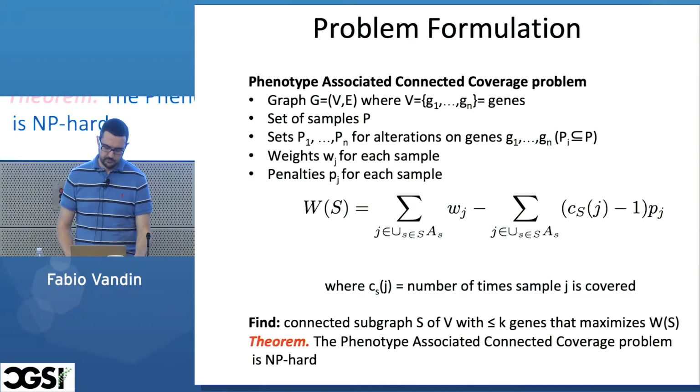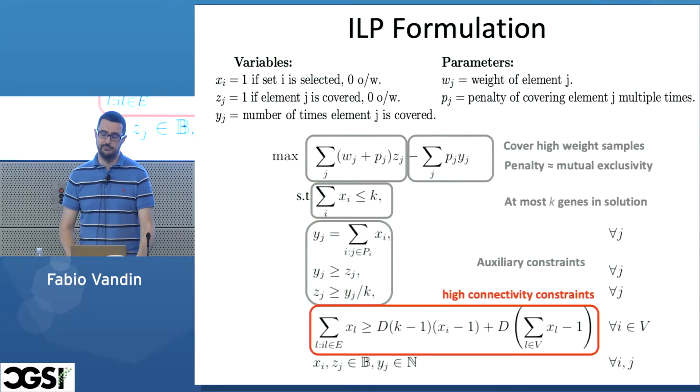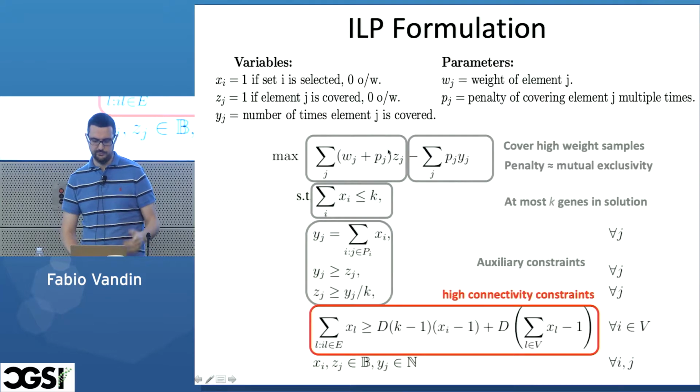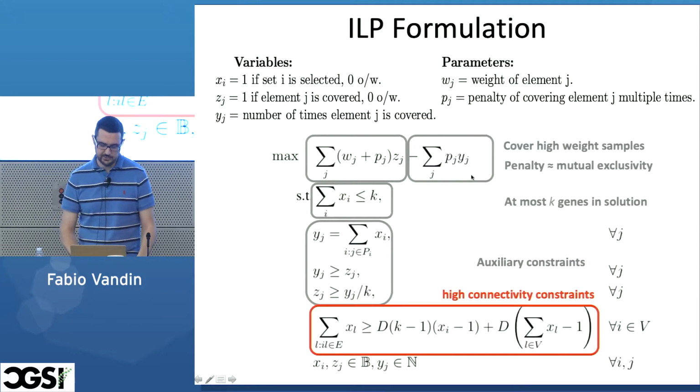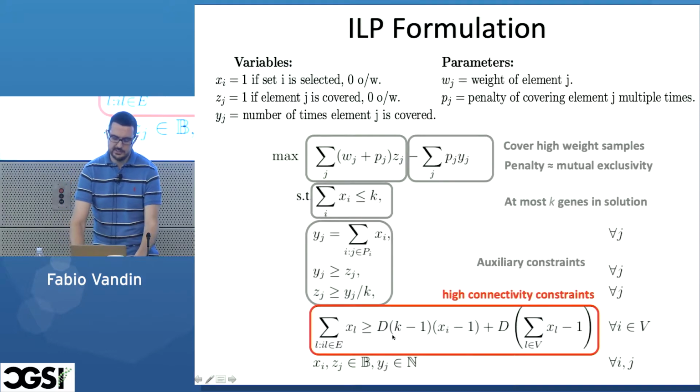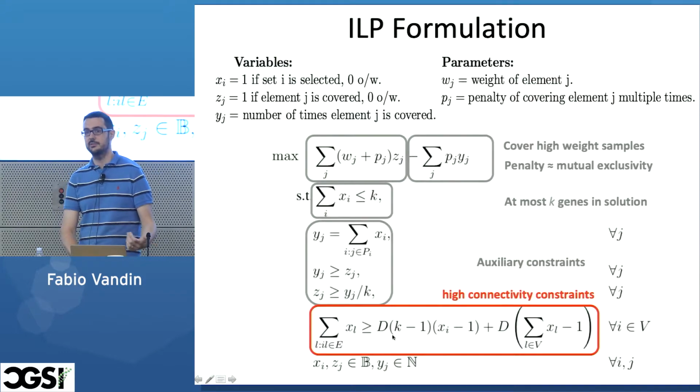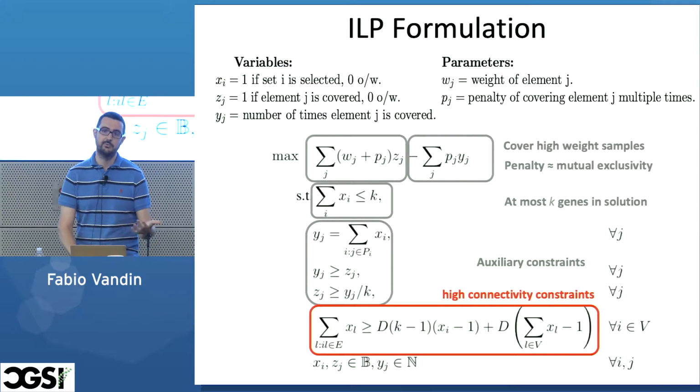And then what we did was to use an ILP formulation to solve the problem. The ILP formulation is really the same formulation as Uncover, so there are the same variables and the same constraints. Again, you can write down the objective function as this combination of covering high weight samples and penalizing non-mutually exclusive alterations. Then, since you want at most k genes in your solution, you have your auxiliary constraints, and then there are additional constraints that correspond to some type of connectivity.